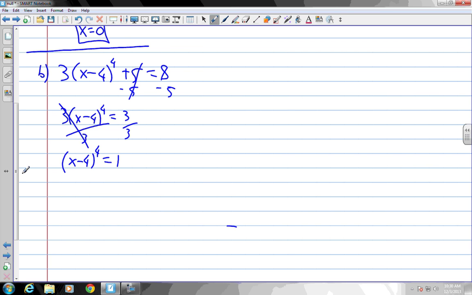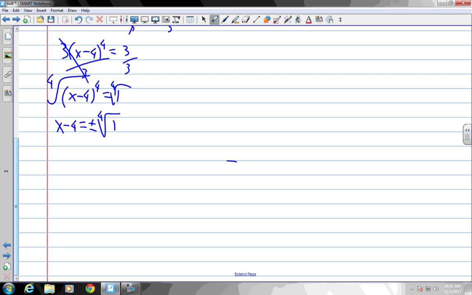In order for me to get down all the way to x, I need to get rid of the power 4, and how do I do that? Fourth root, right? Well, am I going to need plus or minus here? Yes, because it's an even power, right? So take the fourth root of both sides. Remember the plus or minus: x minus 4 equals plus or minus the fourth root of 1.